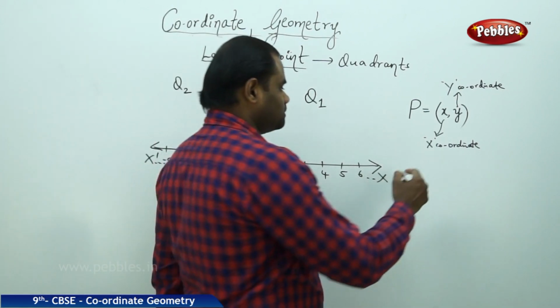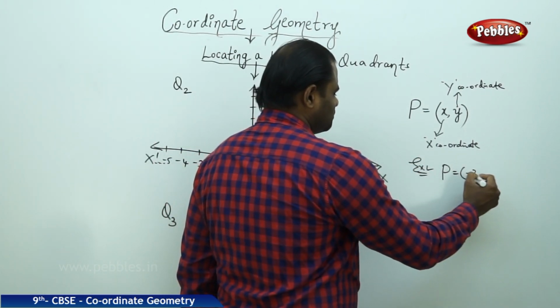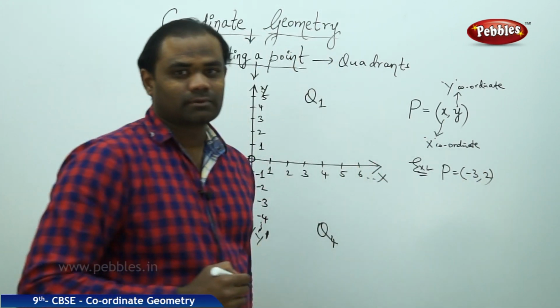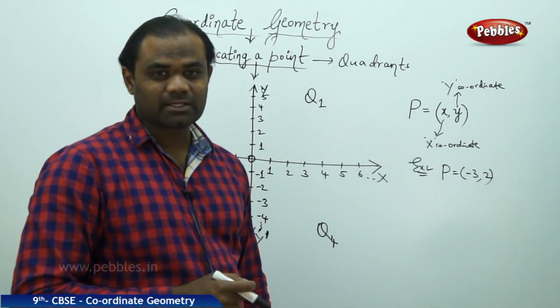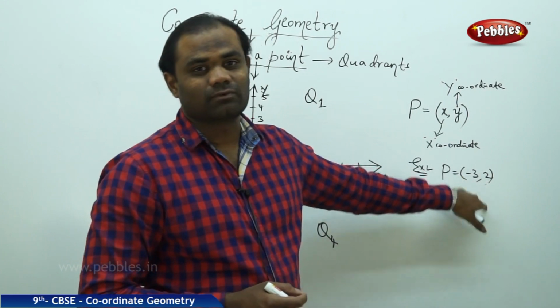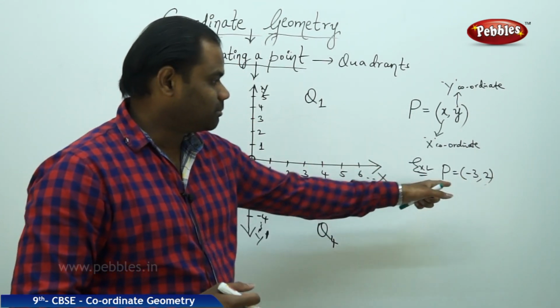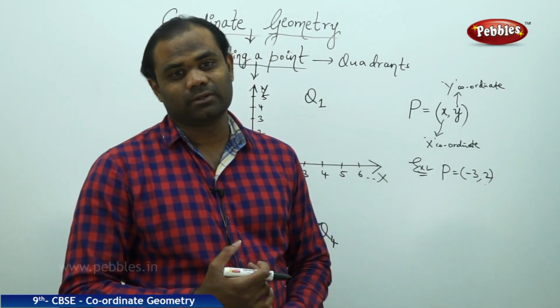So for example, I have the point as minus 3, 2. I take P as minus 3, 2. Then this clearly indicates that this is the x coordinate and this is the y coordinate. So in this example problem, minus 3 is the x coordinate and 2 is the y coordinate.